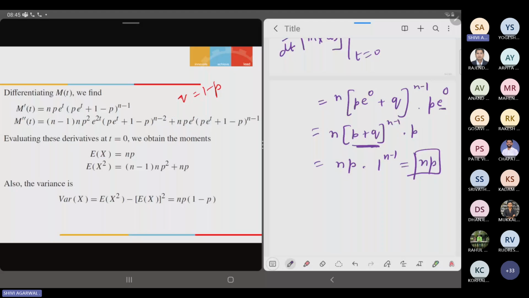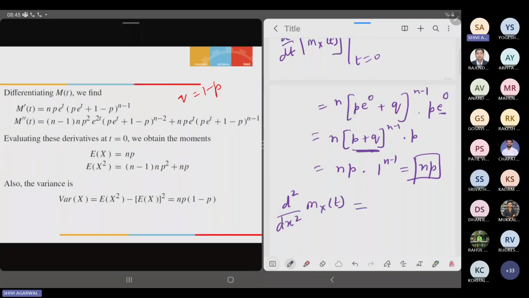So this is another formula to calculate the expected value of x by using the moment generating function. Correct? Now we can differentiate it again, the M_x(t).